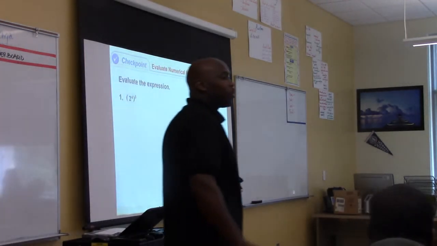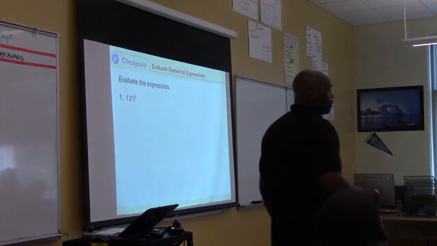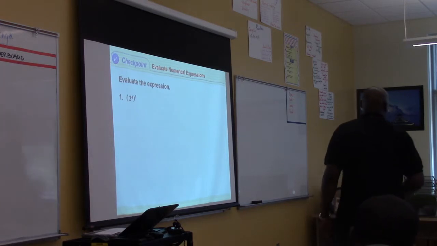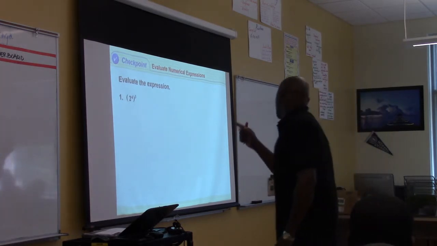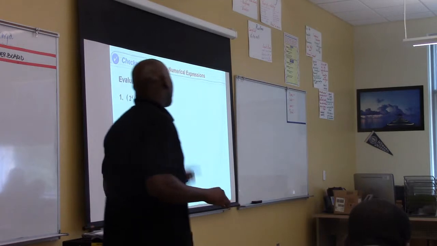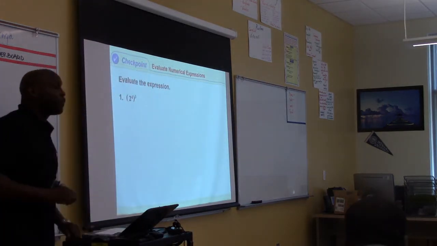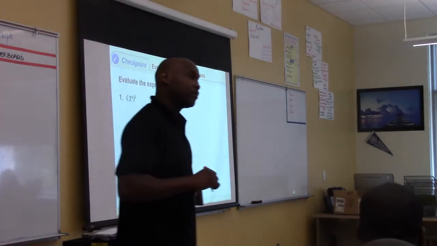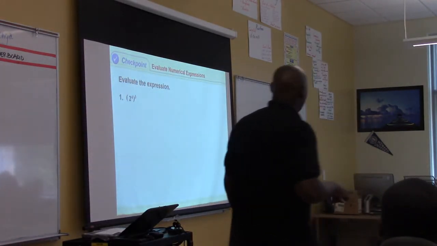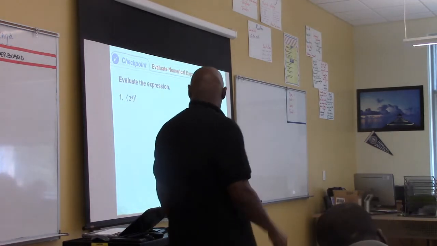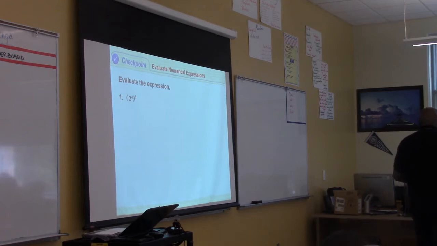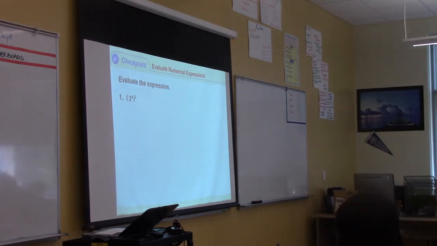Here's the last example that I'm going to give, and then I'm going to give you independent work. So you have 2 to the 4th power to the 3rd power. Evaluate.